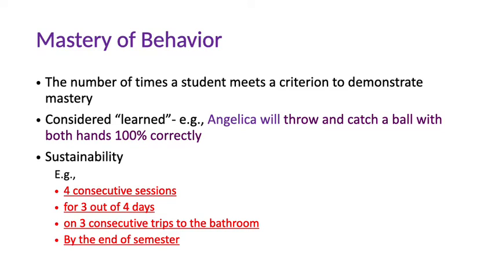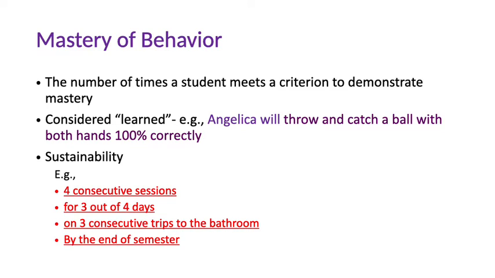Or if you know the behavior will take time to be learned, then you can set a timeline, like by the end of semester or by the end of June 2022. So you can set the timeline so your student can gradually reach the goal by the time you set.